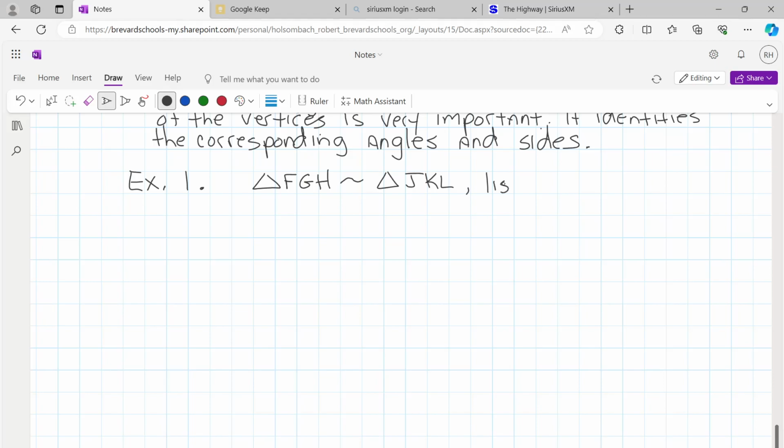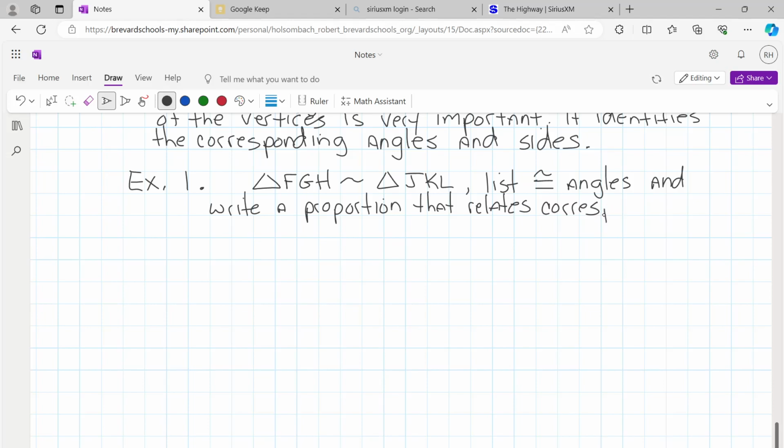So we need to list congruent angles and write a proportion that relates the corresponding sides. So we're going to do it without drawing the pictures.